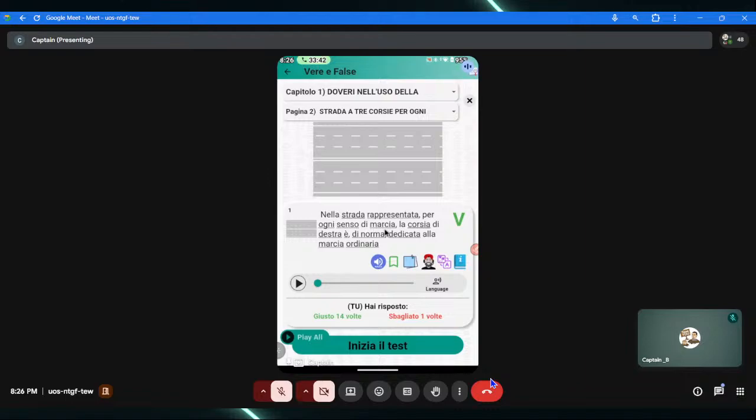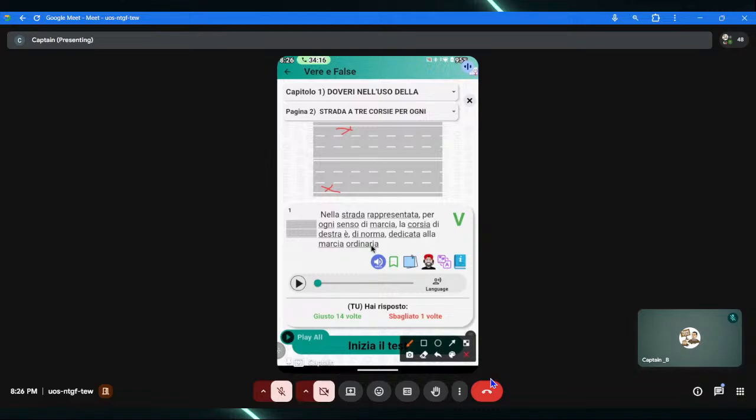La corsia, meaning the lane, di destra, meaning the right lane. Where is the right lane? This is the right lane here. Destra, and di norma is normally. Dedicata is dedicated. Alla marcia ordinaria is dedicated for ordinary movement.